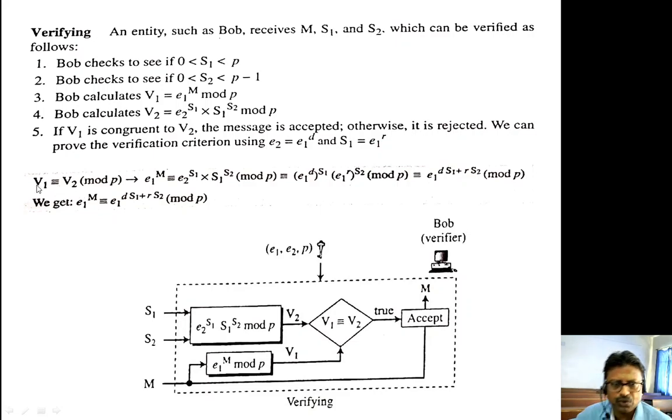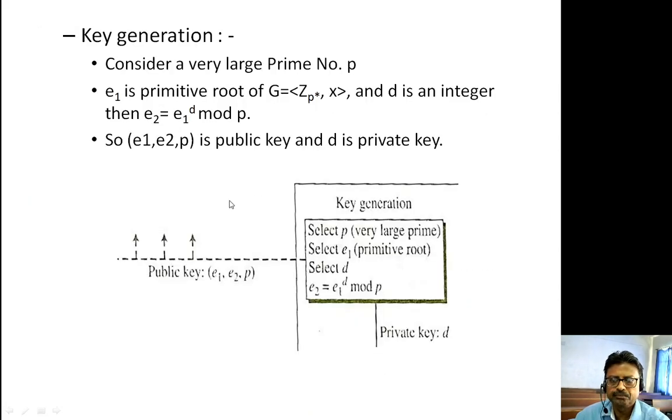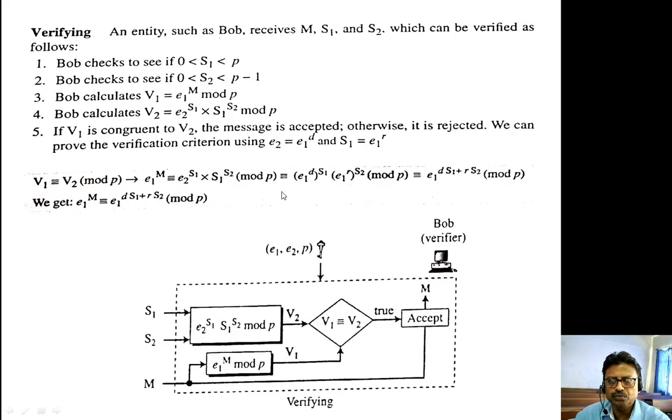If V1 and V2 are the same, actually V1 is congruent to V2, and whenever we take congruent, we have to apply the modulus, so V1 is congruent to V2 mod P. This implies that V1 is equal to E1 to the power M mod P. So we replace V1 by E1 to the power M, and V2 is equal to E2 to the power S1 into S1 to the power S2 mod P. Now we know the value of E2: E2 is E1 to the power D mod P. So we replace E2 by E1 to the power D, raised to the power S1, and S1 to the power S2. What is the value of S1?